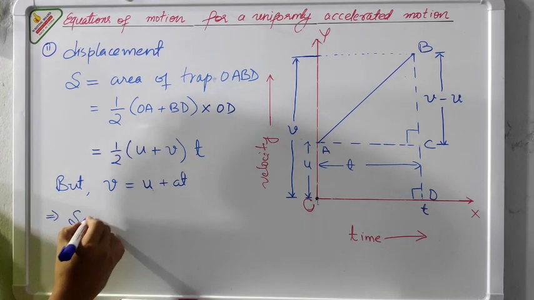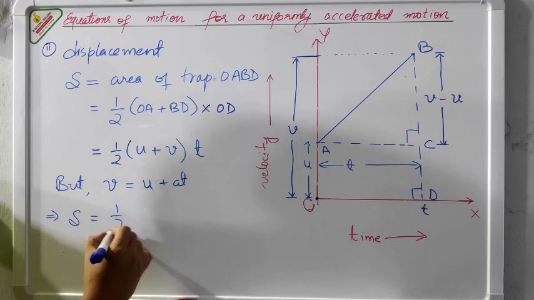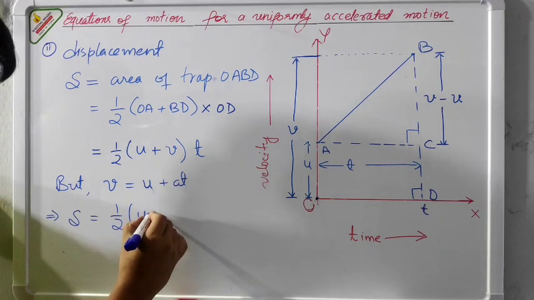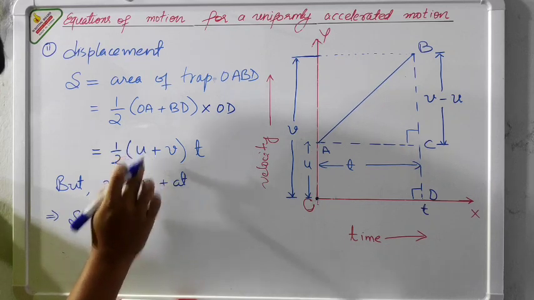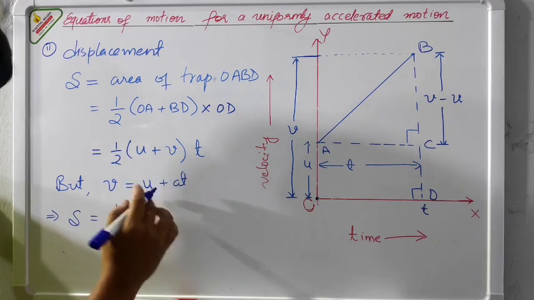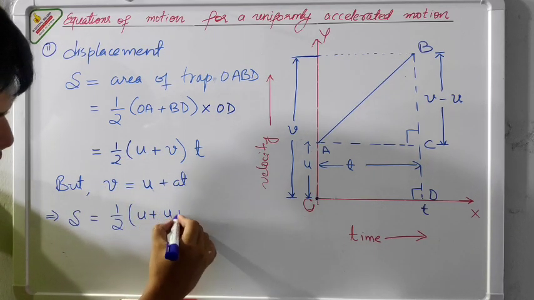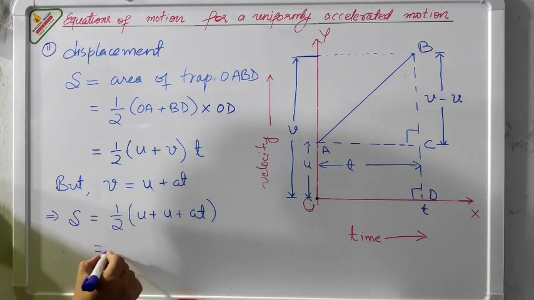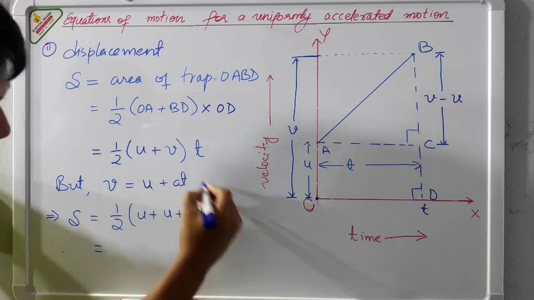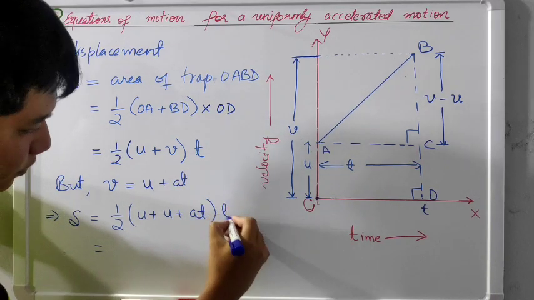Therefore, s equals half into u plus v, where this u is this and this v will be u plus at, into t.